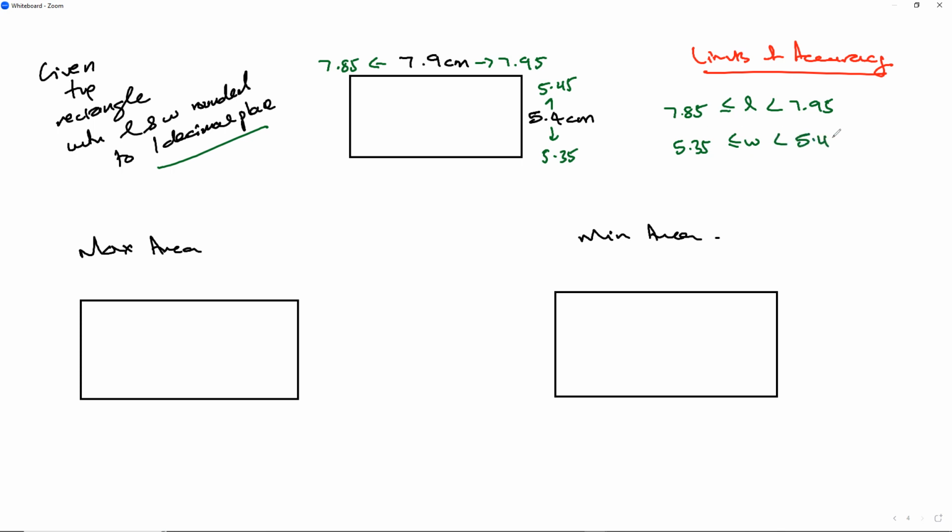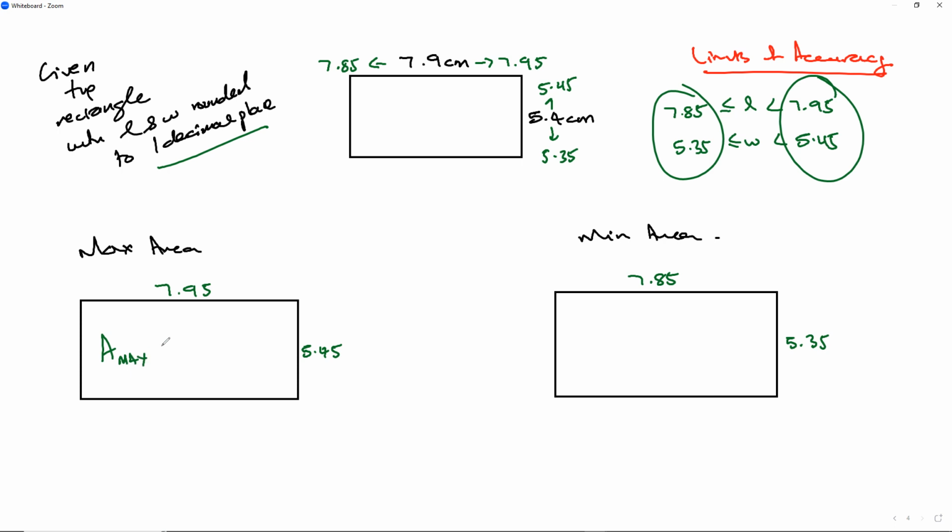Excluding 5.45, and then from here, if we take the maximums, which will be 7.95 and 5.45, we could get the maximum area. And if we take the minimums, 7.85 and 5.35, we could get the minimum area for each one here. So we calculate this by multiplying the two together on a calculator.